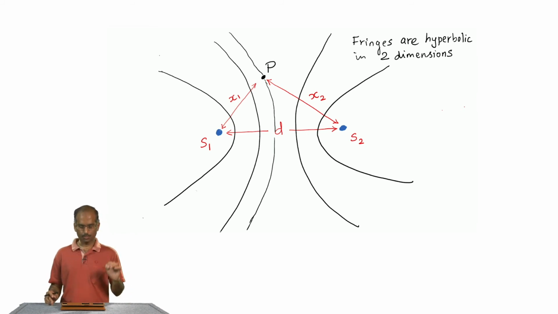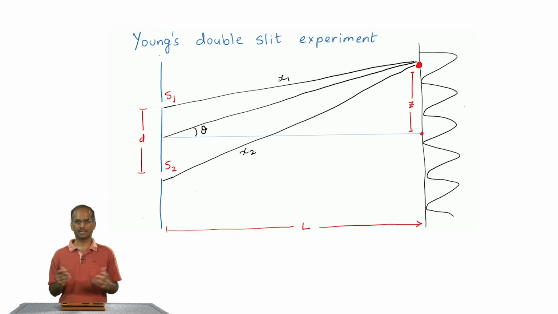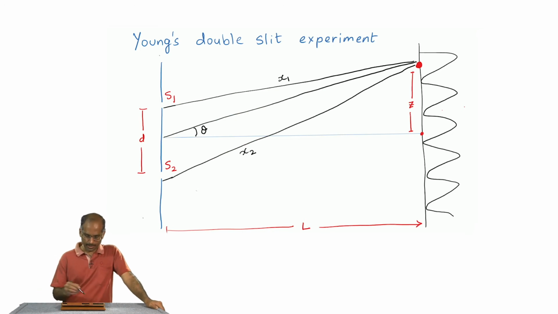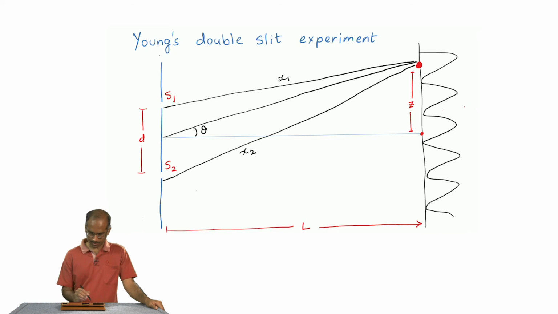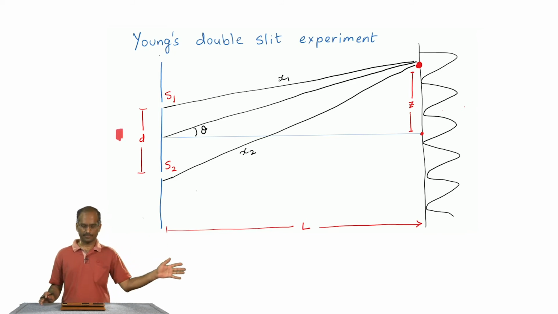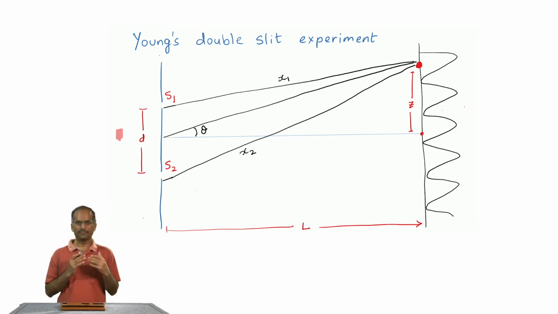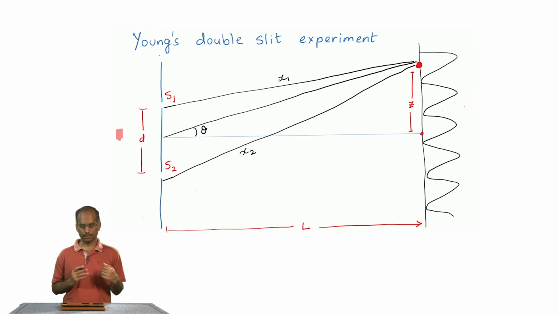Let us move to the Young's slit experiment, or in this case the double slit experiment. So, here the setup is as follows. I have this source of light which is at the left side, and the light wavefront from this source hits this screen which has two slits, S1 and S2.